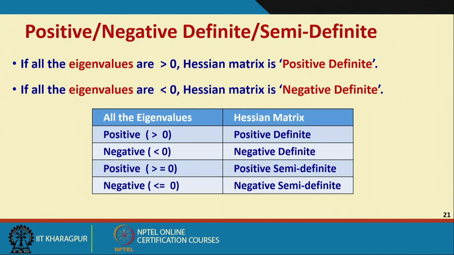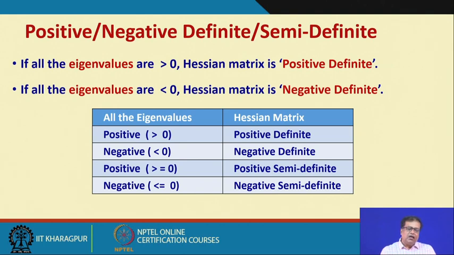So, only in these 4 cases are defined, the rest of the cases we are not going to take up, in the sense that in that case it will be difficult to conclude, right. So, now if all the eigenvalues are positive, then we call the Hessian matrix positive definite.